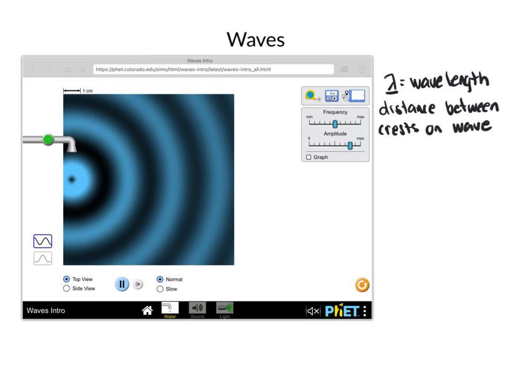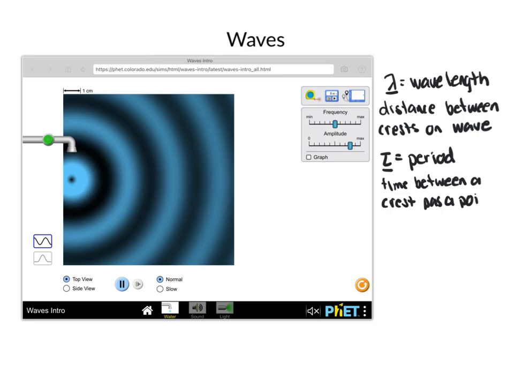And then we have the period, which we often give the symbol tau, and that is the time between when crests pass a particular point.